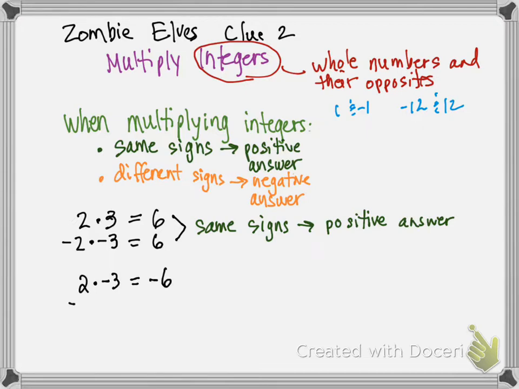Anytime there's an imbalance of signs, we get a negative answer. So that's the second rule: different signs means you're going to get a negative answer. And that's it.